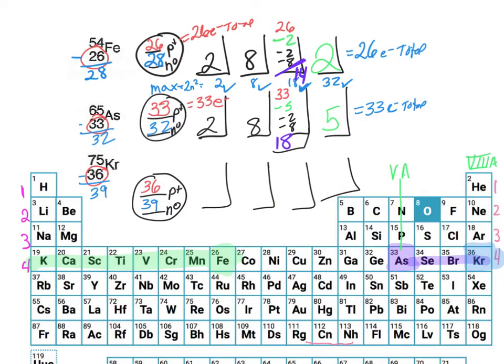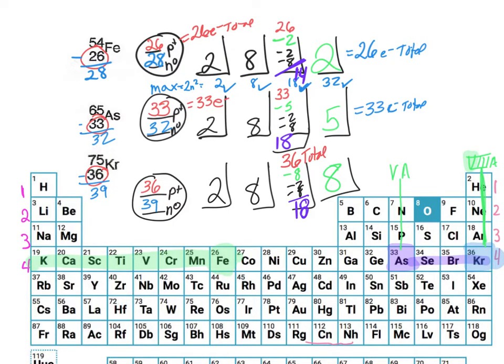Krypton is in group 8A, so you should put in 8 valence electrons, fill in the lower 2 shells with 2 and 8 electrons, calculate that third shell, and that is going to be 36 total electrons minus 8 valence electrons minus 2 and 8 for the lower shells, and we're left with 18 electrons.